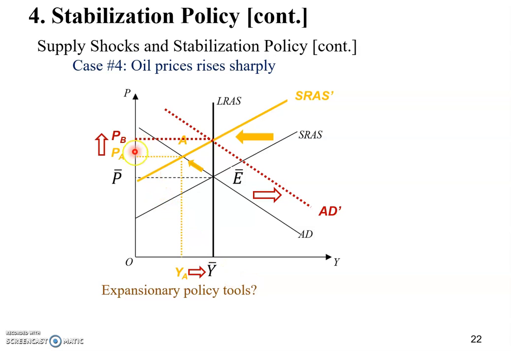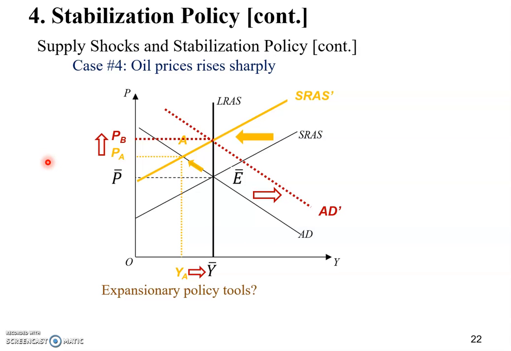However, when you look at the price level on the vertical axis, when we move from A to this point, the overall price level becomes even higher. So it goes from PA to PB.